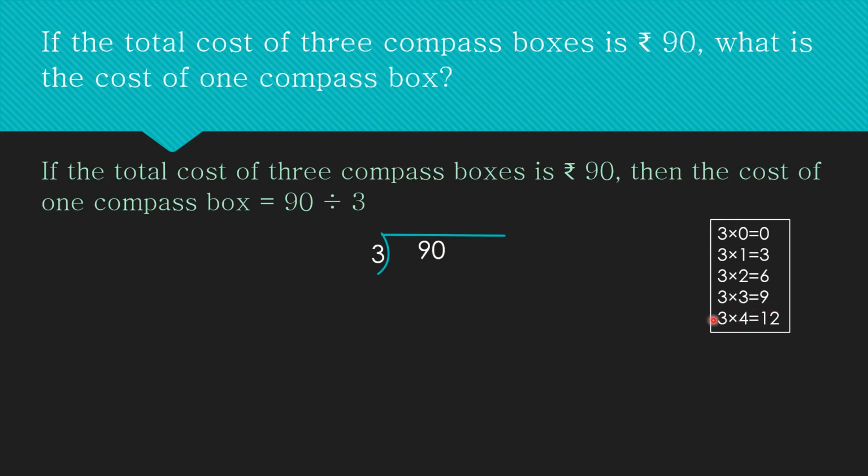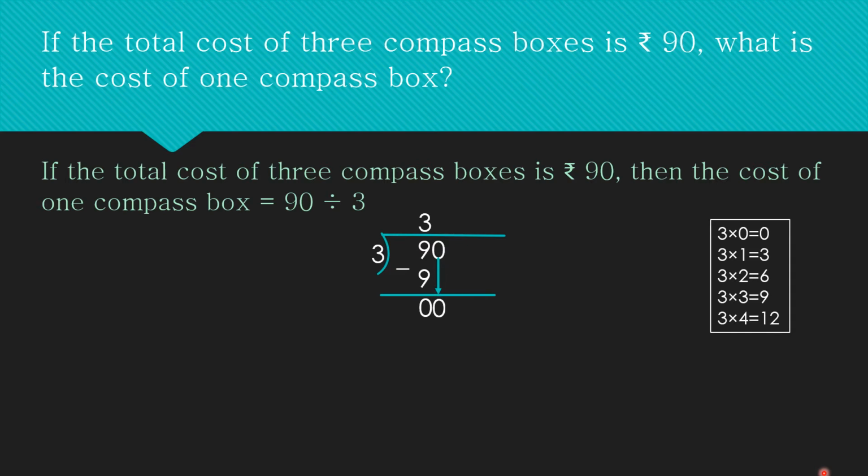So we will first divide 3 by 3. So 3 threes are 9. 9 minus 9, 0. Now we will take down this 0 down here. So we will write 0 down.